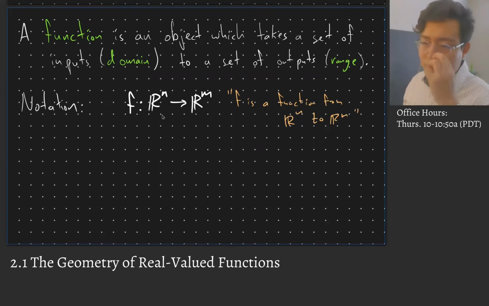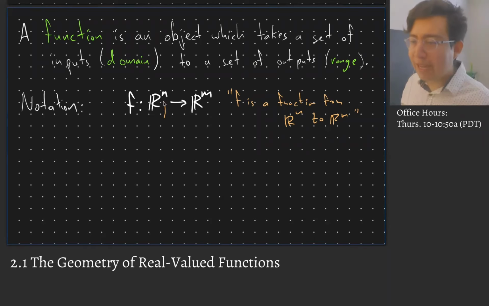And now the R's here just tell us that all of the inputs and outputs we're dealing with are going to be real numbers. But then this n tells us this is the number of variables input. And then this m is the number of variables output.